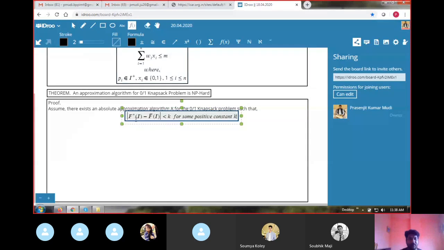I'm not mentioning what f star I and f bar I are: f star I is the exact solution, f bar I is the approximated solution generated by the algorithm A.